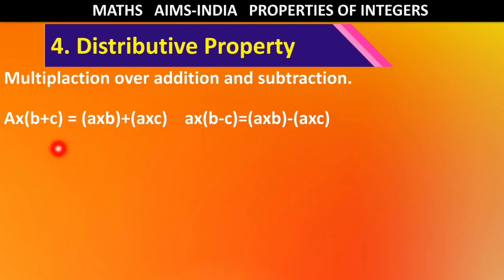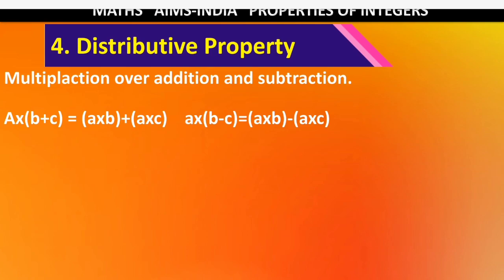Understood? We are having two possibilities here. First possibility is we add the integers and then multiply, or we multiply them individually and then add. Now what distributive property says is, whichever way we do it, the result should be the same.